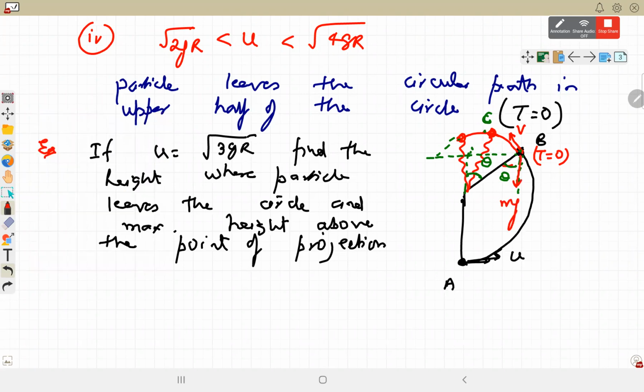So mg is downward, and mg cos theta is the force acting toward the center. mg cos theta will be equal to mv square by r. Centripetal force is a necessary condition for any particle to move on a circle.